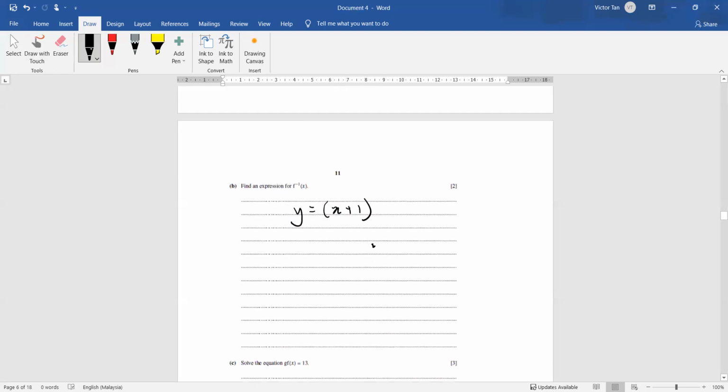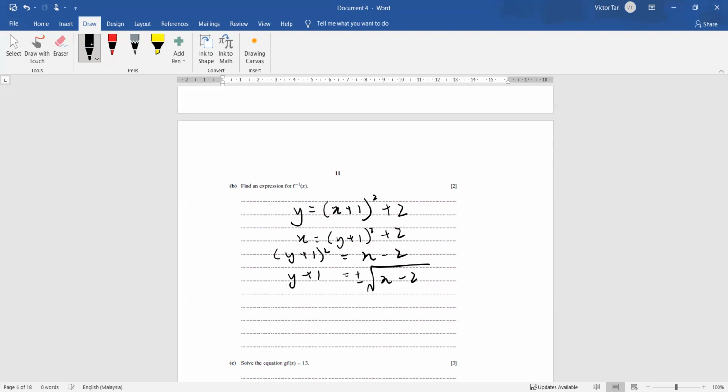Oops, it seems to have dropped down. x equals (y plus 1) squared plus 2. x minus 2, y plus 1 equals. Always when you square root, there's a plus and minus.